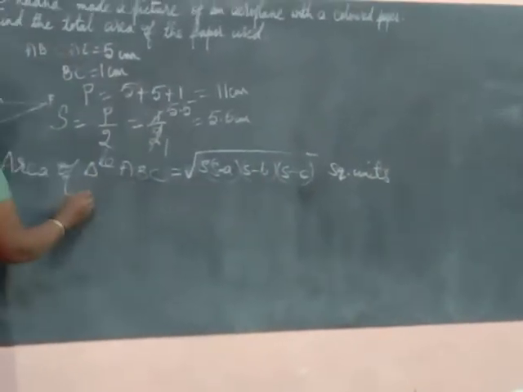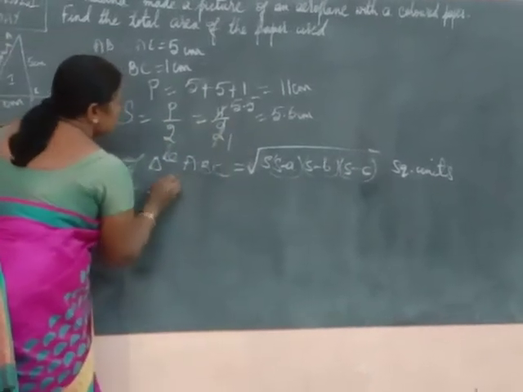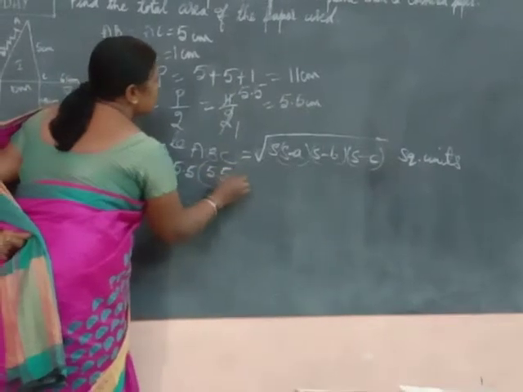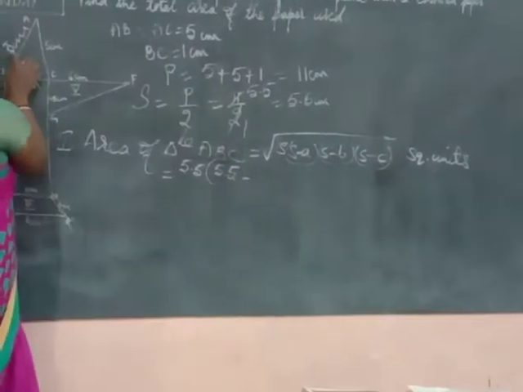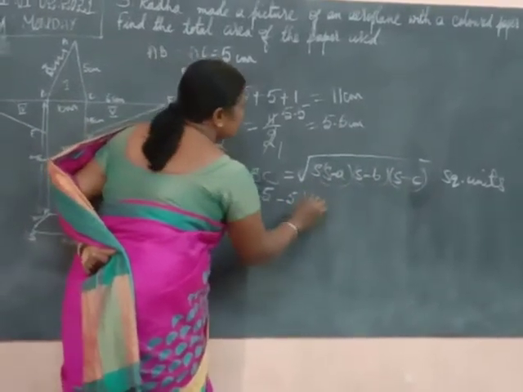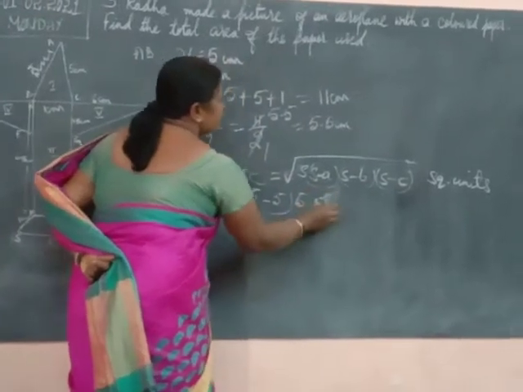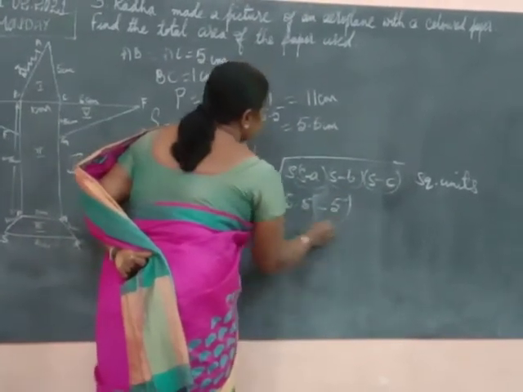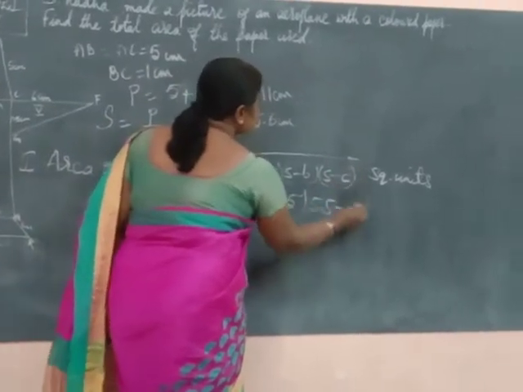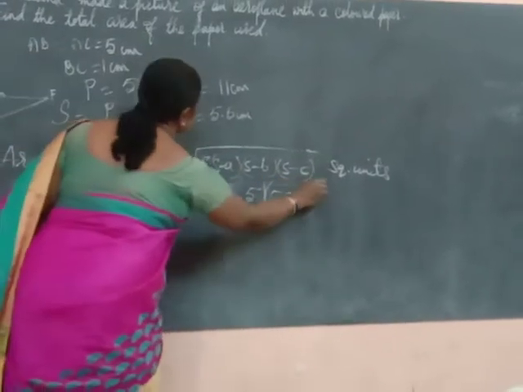Now let us see what is S. 5.5 into 5.5 minus A. A is 5. Then S is again 5.5 into 5.5 minus another 5. Then S is 5.5 minus C, C is 1.